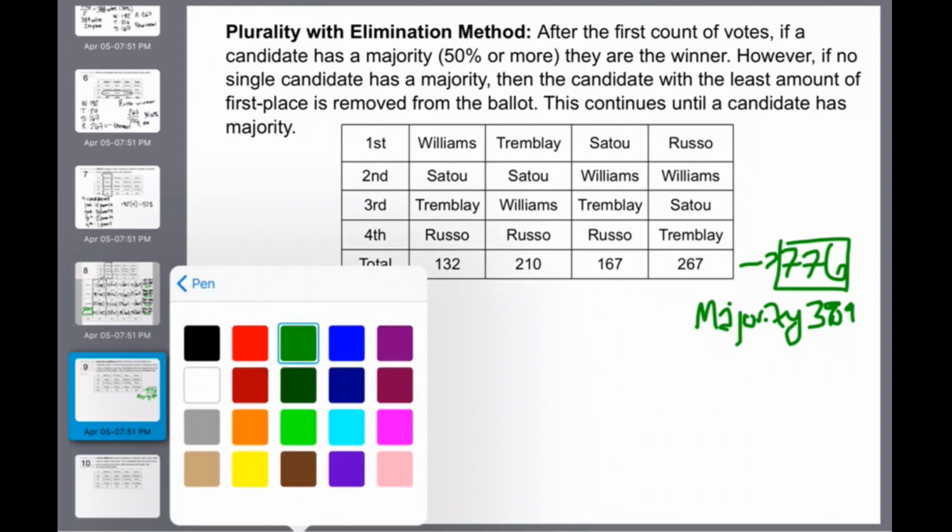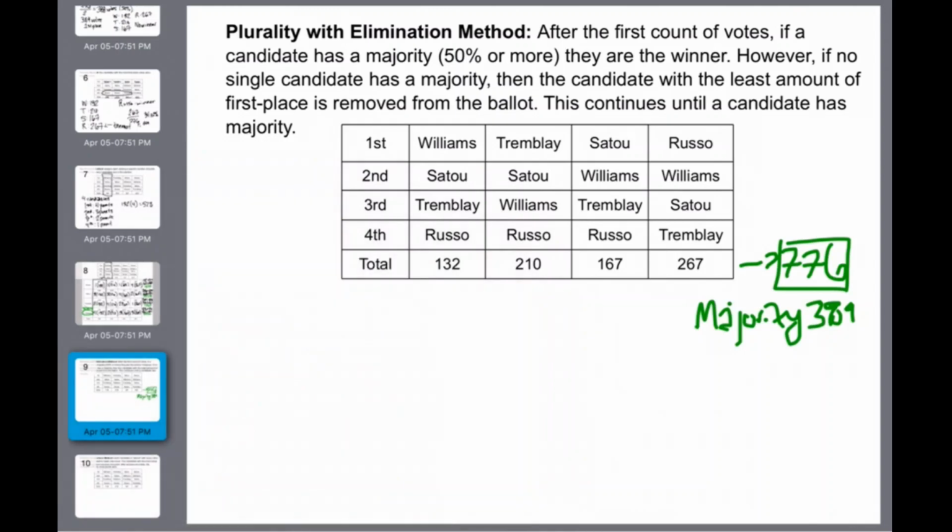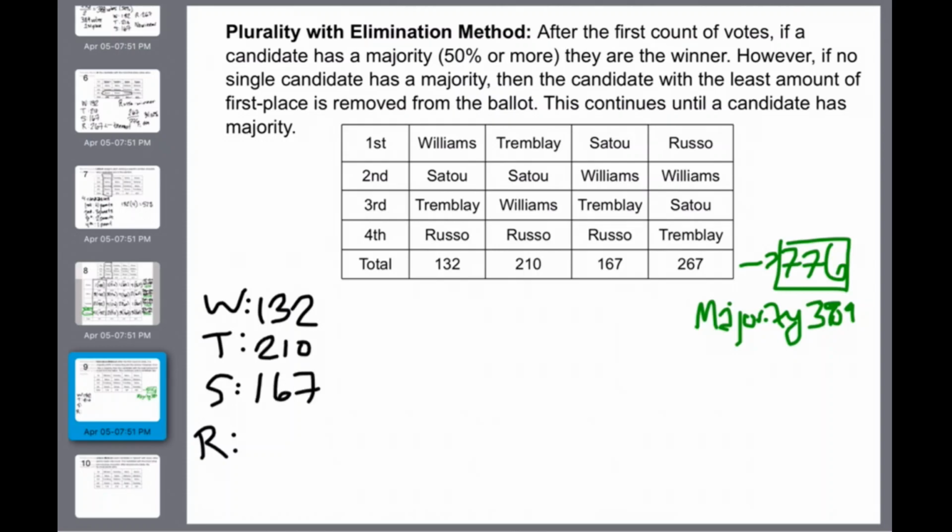All right, so first, we're looking at our number of first place votes with our 4 candidates. We've done this many times. We have Williams, Tremblay, Sato, and Russo with their first place votes: Williams, 132, Tremblay, 210, Sato, 167, and Russo, 267.